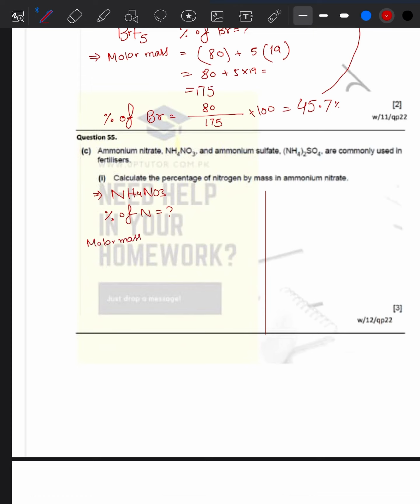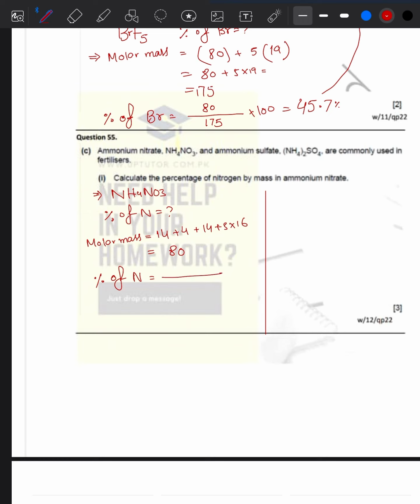Molar mass will be equal to 14 plus 4 plus 14 plus 3 into 16. So the molar mass is 80.